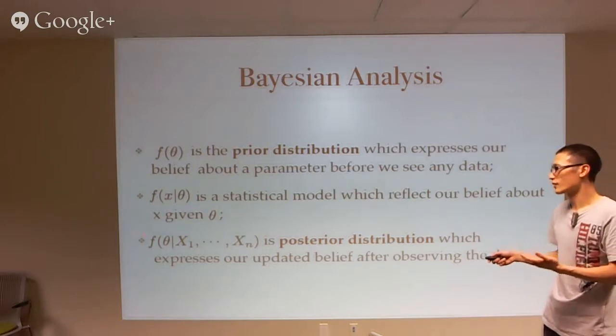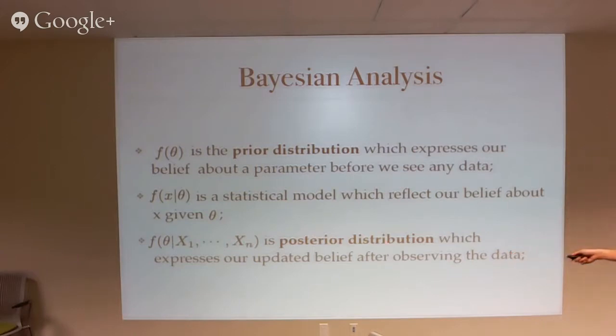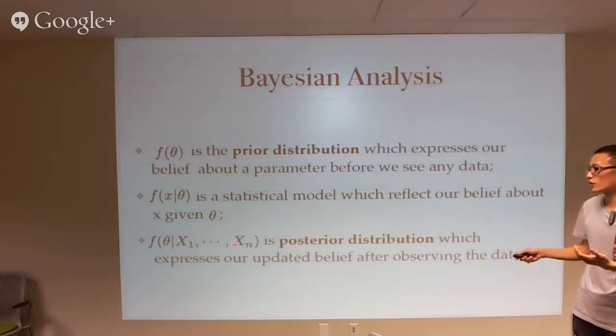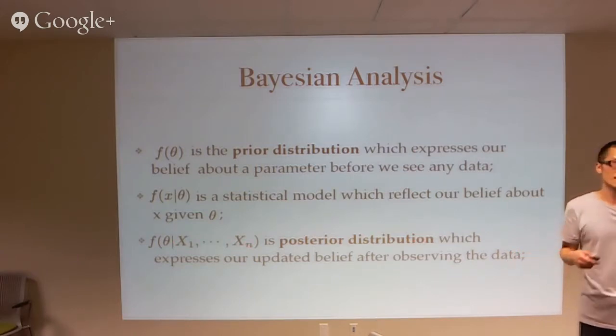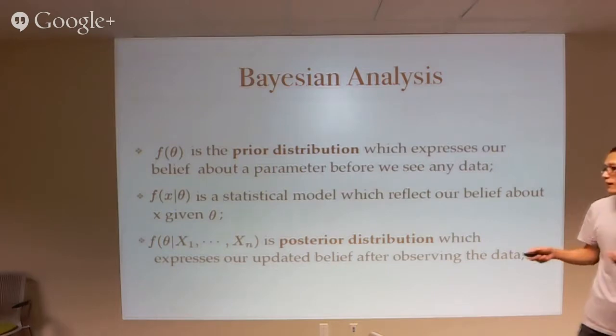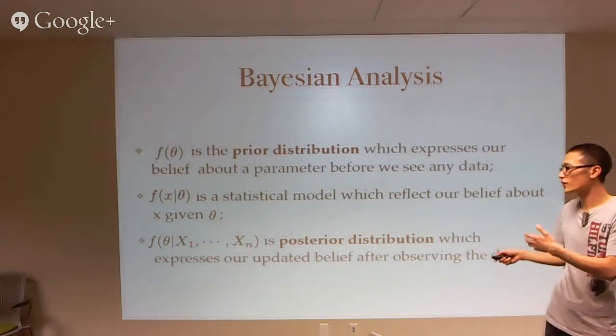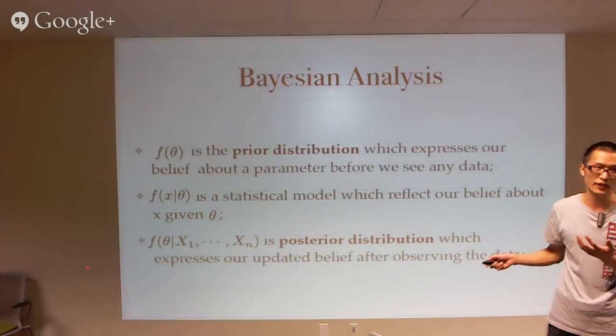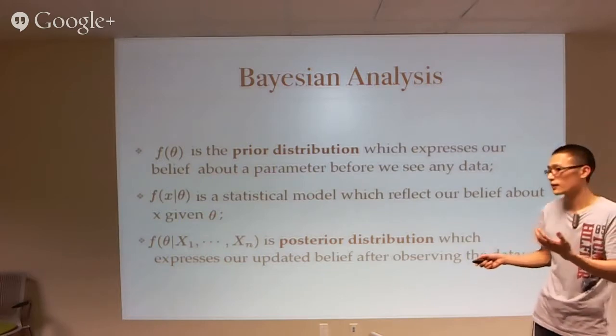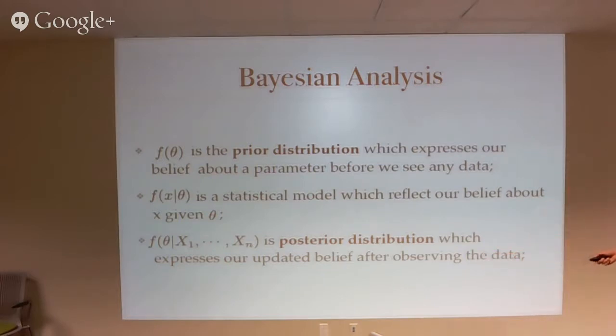The last one is the posterior distribution, and x1 to xn is the data you got. After we see this data, we update our belief about theta, the parameter here, right? The posterior distribution expresses our updated belief after observing the data.